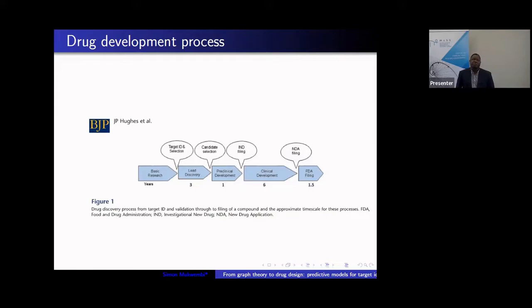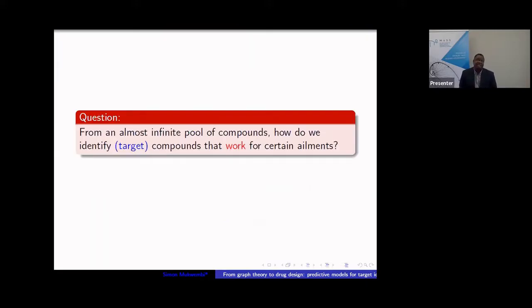And I have also known someone who unfortunately now is late, who used to go to the rural areas, and he would come back with a truck full of these plants and trees, and he would test them in the laboratory. So the search is so expensive, and it's so difficult to quickly come up with a compound with the desired property. So these are some of the challenges that we get.